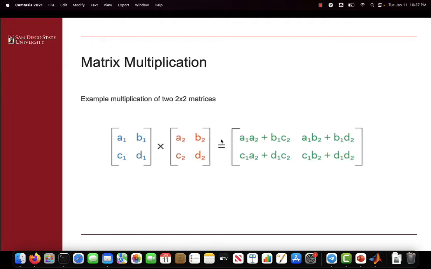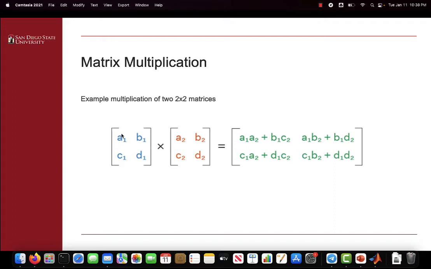And how will we do that multiplication? Let's say we will multiply 2 by 2 matrices, and let's say A1, B1, C1, D1 are the elements of the first matrix, and A2, B2, C2 and D2 are the elements of the second matrix. And in that example, our result matrix will be 2 by 2.